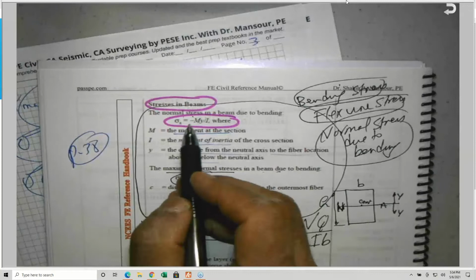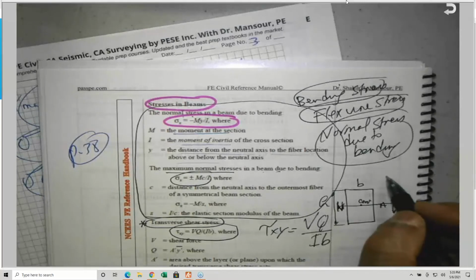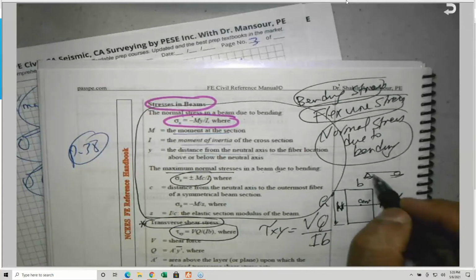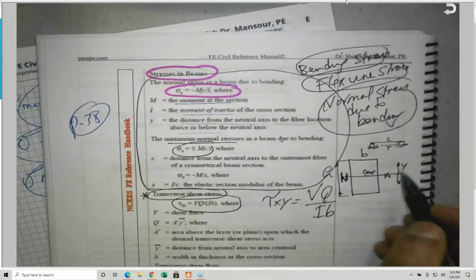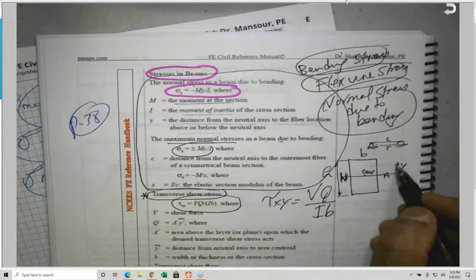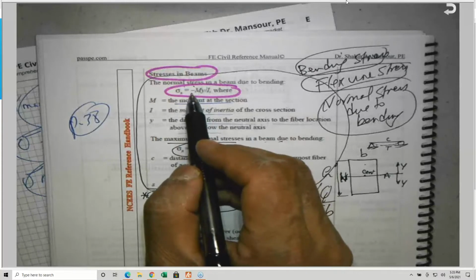The reason they put the minus here is this. Let's look at our simply supported beam. It will be like this, with compression and tension. If you look at y as we go up, y is positive, so the negative sign stays as is.